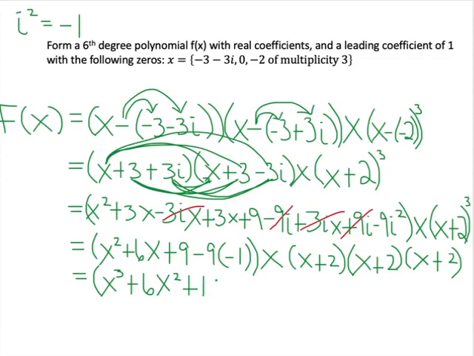That's going to give me plus 18. And then we're multiplying it by x, so x. Then I'm going to go ahead and distribute these two. So I've got x squared, plus 2x gives me plus 4x. And then 2 times 2 is 4. And that's times x plus 2.